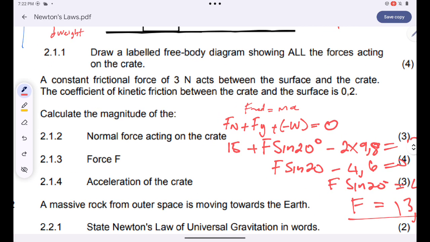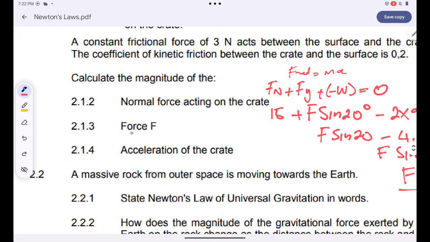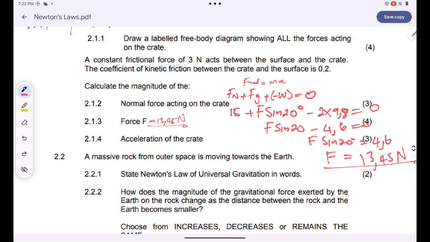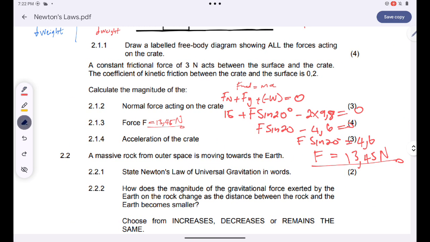So the magnitude of force F, guys, is just 13.45 newtons.